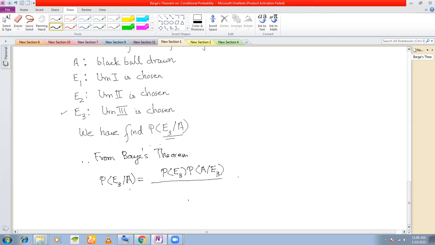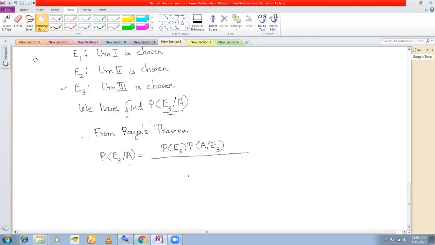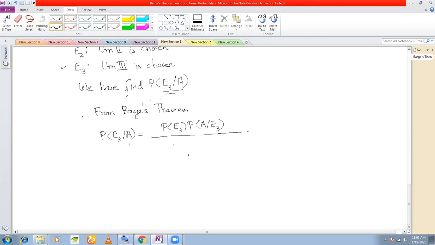Divided by summation, i equal to how many urns are there? 1, 2, 3. P(Ei) into P(A/Ei), right? Once we have written Bayes theorem, we'll just expand this a little.